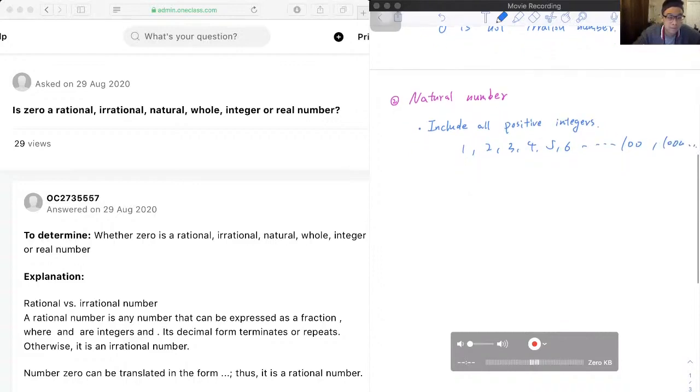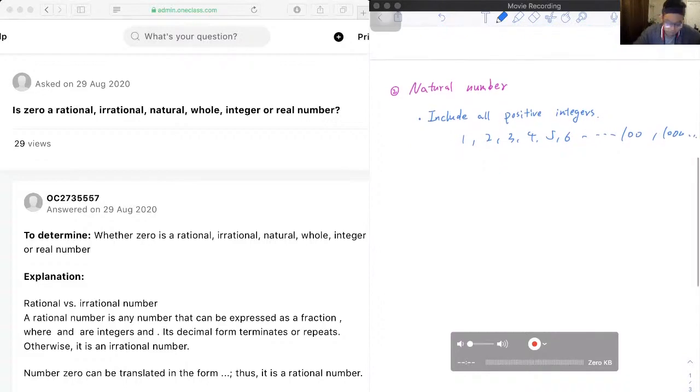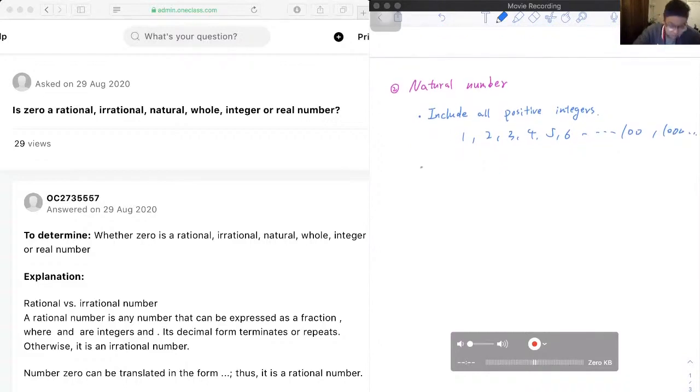In the second point, they are also used for counting purposes, so they are also called counting numbers.